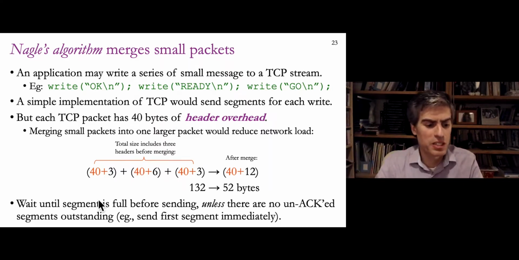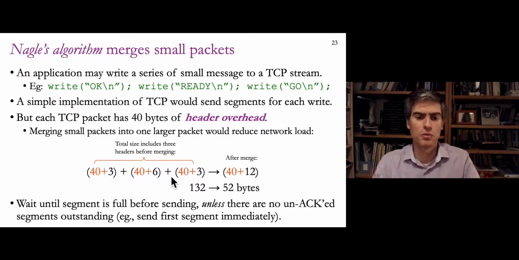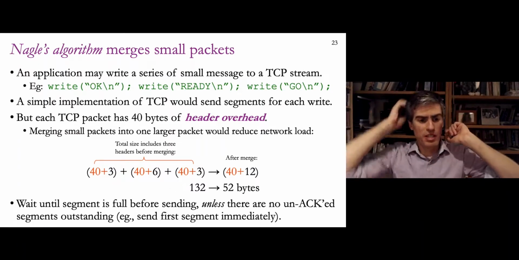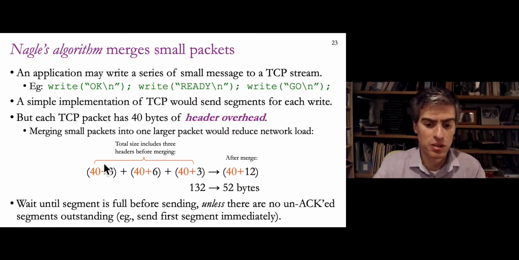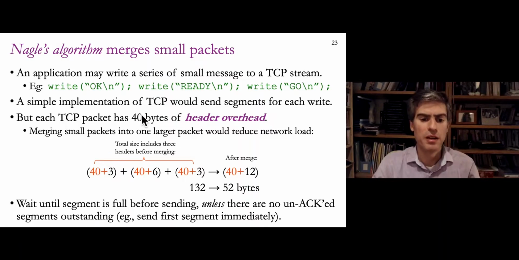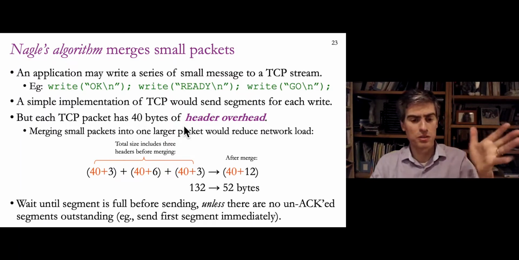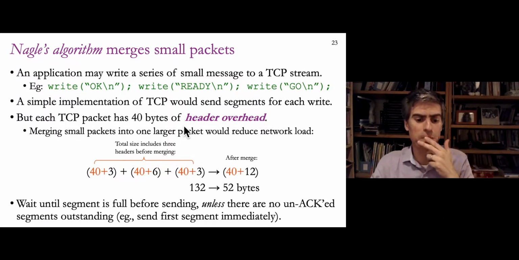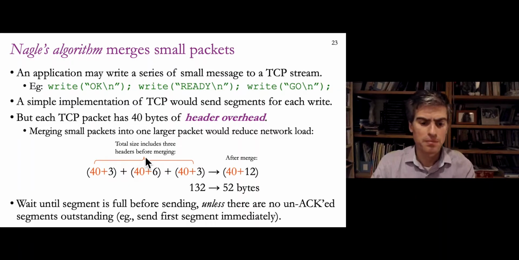We'll see later on that the Ethernet and IP protocols that transfer TCP packets have their own headers and overheads, and that's part of the 40 bytes of overhead that is included, but TCP itself also has some overhead. So every TCP packet has 40 bytes of header overhead, including those 3 protocols, Ethernet, IP, and TCP. So even if we're sending just 3 bytes of data, then we are also sending 40 bytes of header along with it.